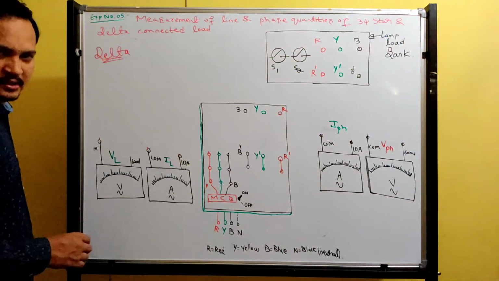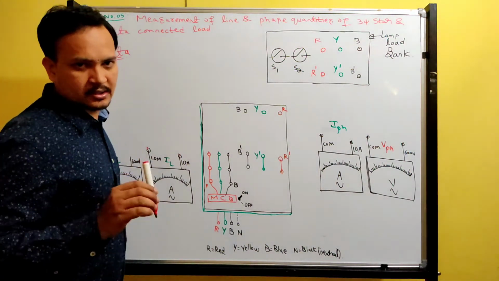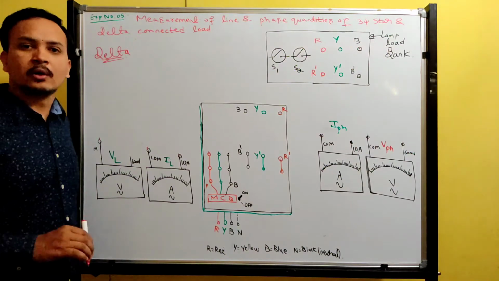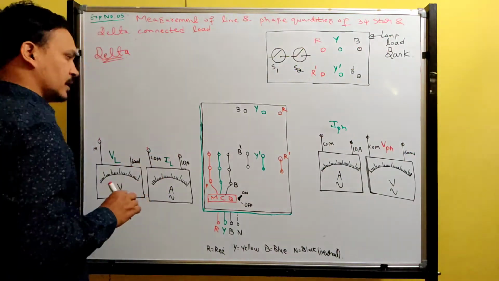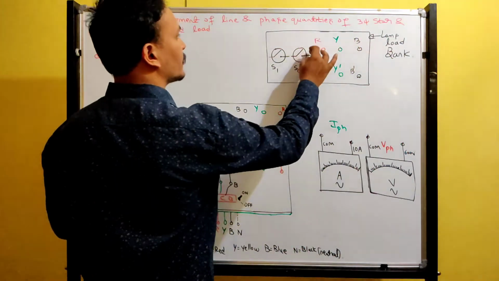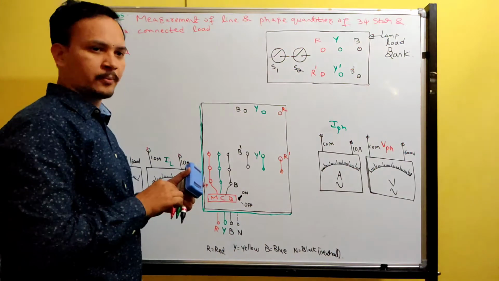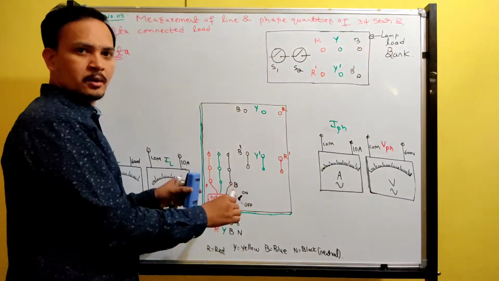Let's do the connections. See guys, first do the ammeter connections. At the end you connect the voltmeter, that is important. Before doing that, first connect all the top terminals of the load bank R, Y, B to the top terminals in the board.